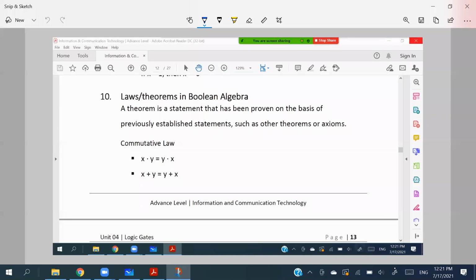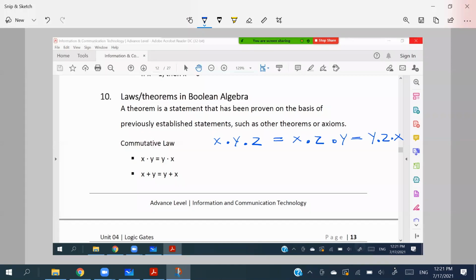So if you take x dot y dot z, this can be written as x dot z dot y or y dot z dot x.